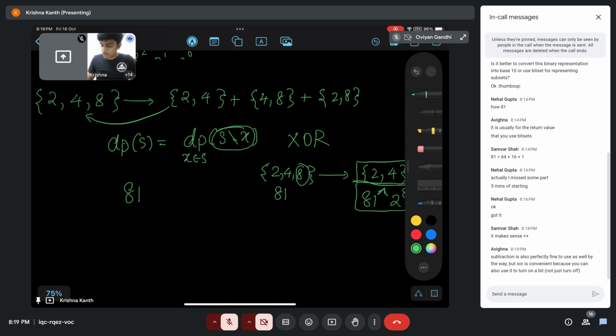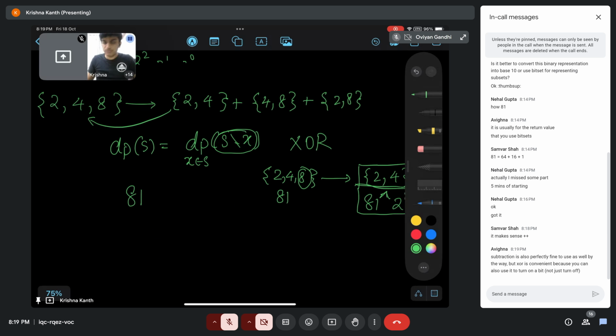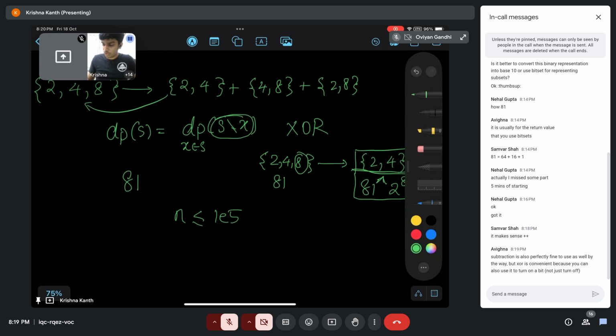And now I would like to stress that bitmask DP is very useful, especially in OI, because normally the problems have a lot of subtasks, and normally the subtasks are like n is less than or equal to 10 to the power 5 or something, and then you would normally have a subtask that looks something like n is less than 20 or n is less than 23. This n is too small for... it's too slow for a factorial solution.